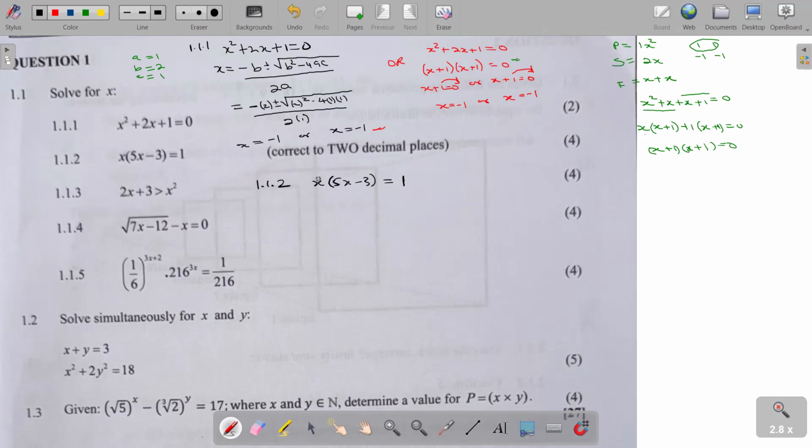When you multiply this here, we are going to get 5x squared. Then we multiply this here. We are going to have minus 3x, then transpose this 1 to the other side. Take note, this is not multiplying, but it's actually transposing. When it comes there, it was positive, it becomes negative. So negative 1 equal to 0.